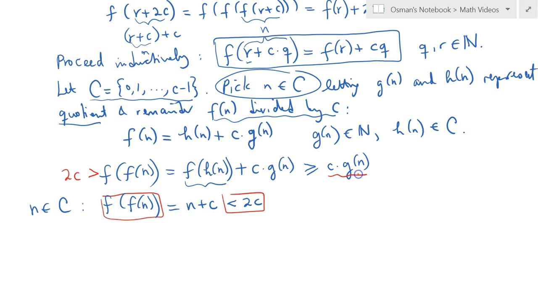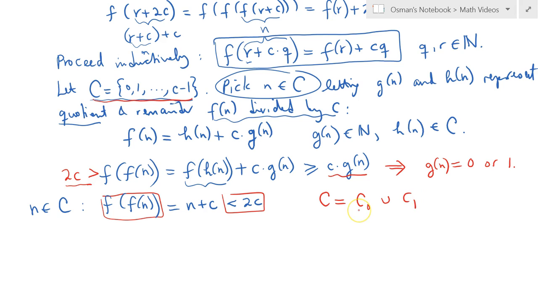So compare these two sides now. C times g of n is strictly less than 2C. What this implies is that g of n is equal to 0 or 1. This naturally enables me to partition the set C into two sets, C sub 0 and C sub 1.